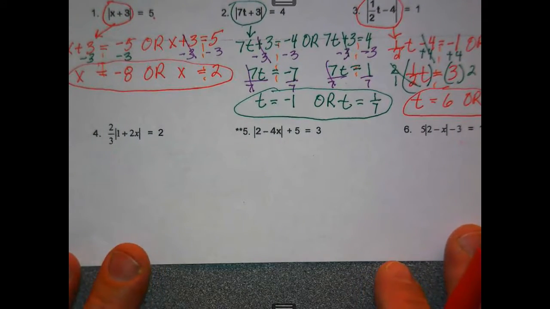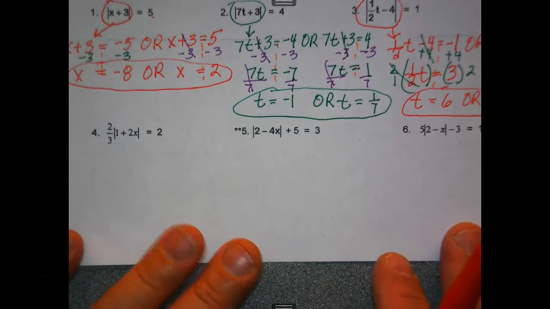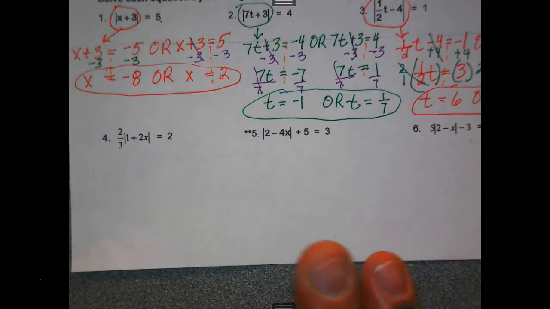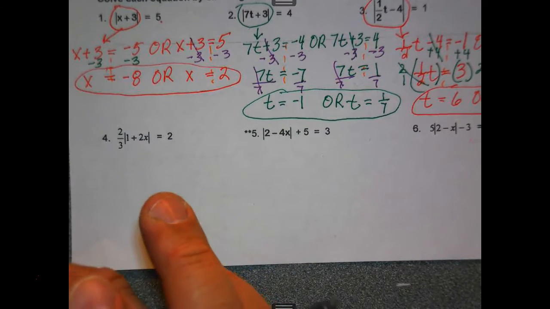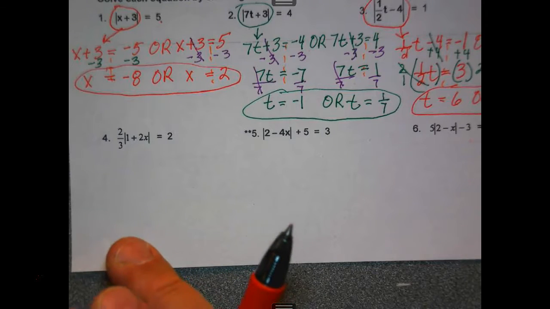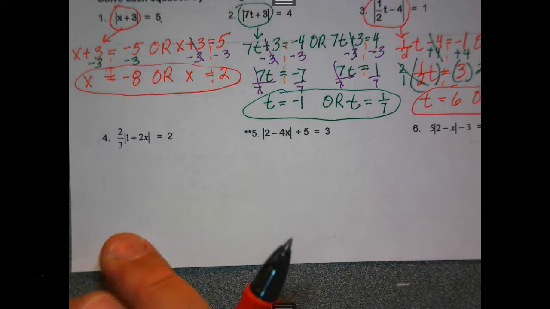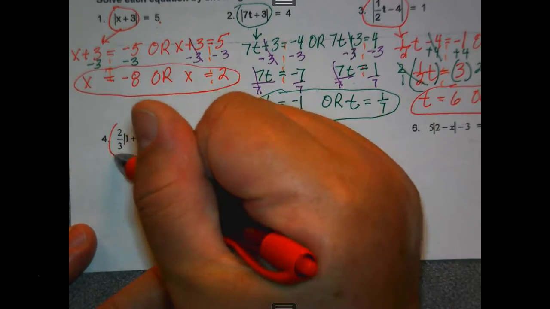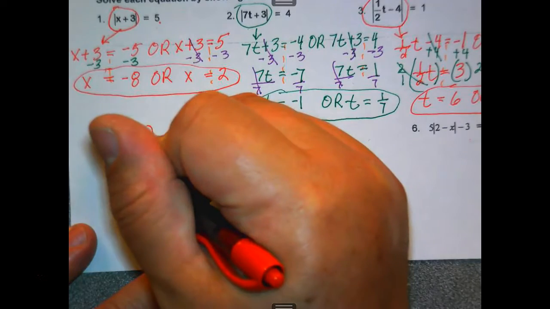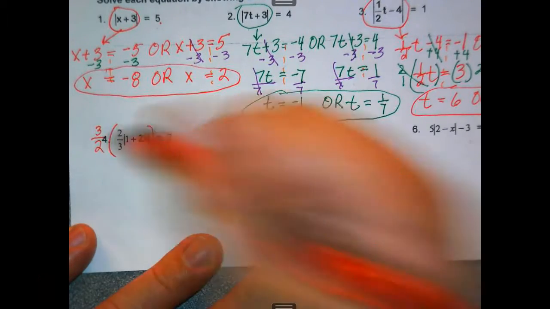Number 4. Is my absolute value by itself? No, it's being multiplied by 2/3. What do I have to do before I split this up? I have to undo multiplication by 2/3. Multiply by 3, or 3/2 is the shortcut.